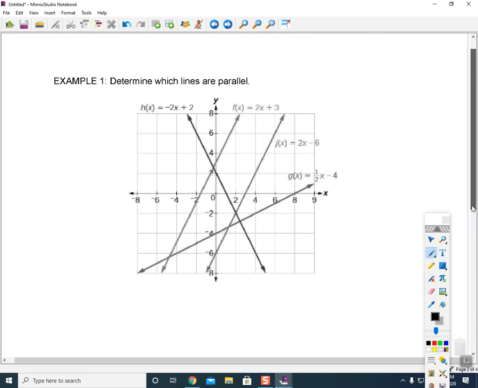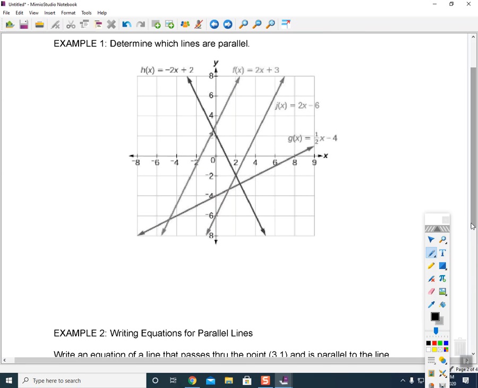Okay, so what we're going to do here is look at these 4 lines and figure out which lines are parallel and which ones are perpendicular. We could do that by looking at the slopes, right?